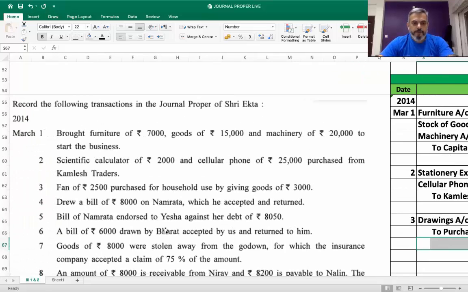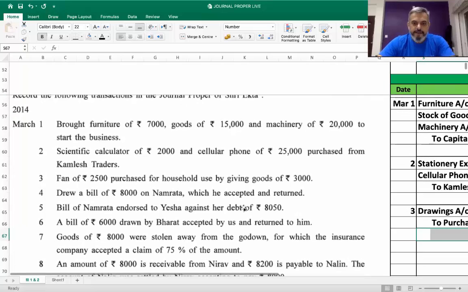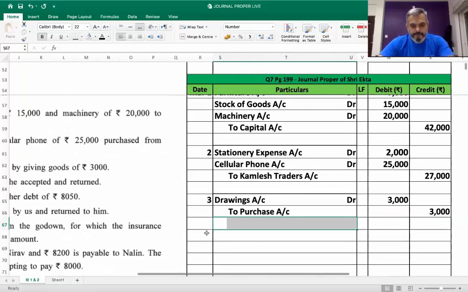Now drew a bill. Please pay attention, those who get confused between bills of exchange and bills receivable and payable. Drew a bill of 8,000 on Namrata which he accepted and returned. So Namrata signed the bill and returned it to us, so for us the bill comes in.